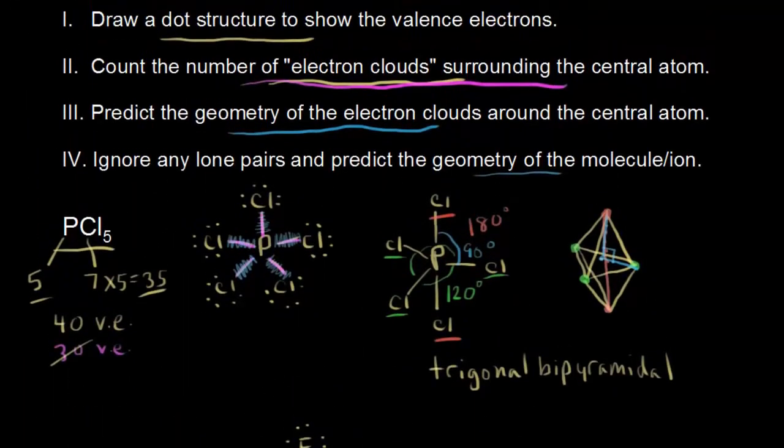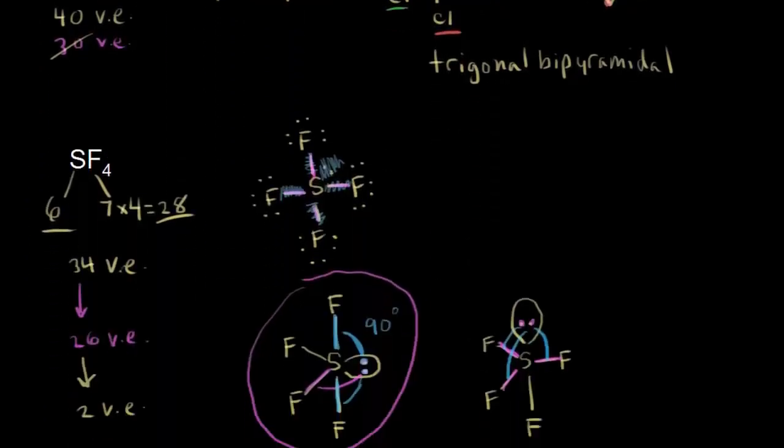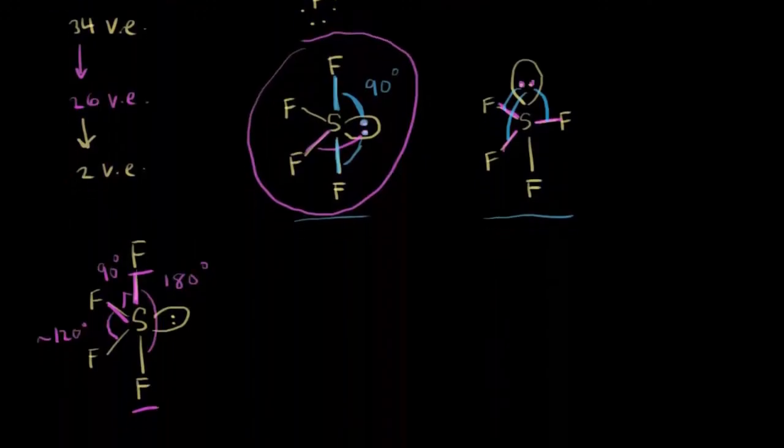We've done a lot of work to predict the geometry of the electron clouds around the central atom and draw it. And finally, we get to predict the shape of the molecule, and we do that by ignoring any lone pairs. So let's go ahead and do that. We're going to ignore the lone pair of electrons on the sulfur when we're talking about the shape. If we ignore the lone pair and turn this molecule on its side, we're going to put our sulfur here.